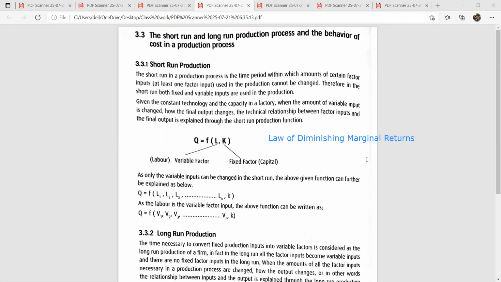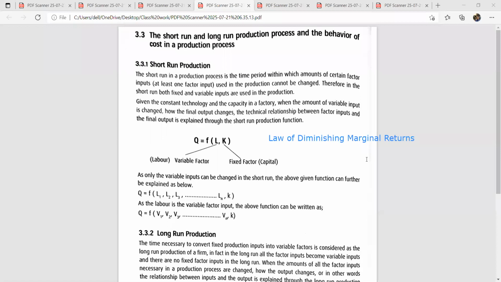So you are given a production function: labor is the variable factor, K, capital, is the fixed factor, and only the variable input can be changed.